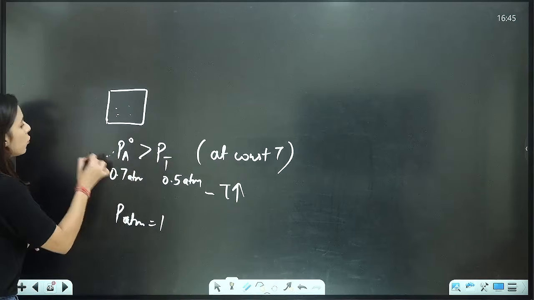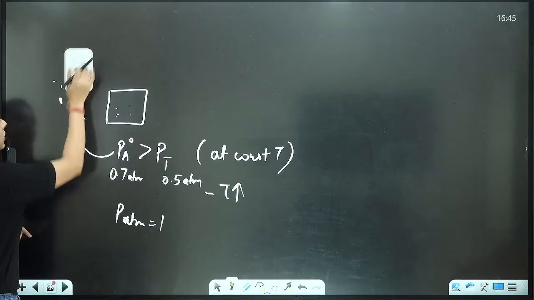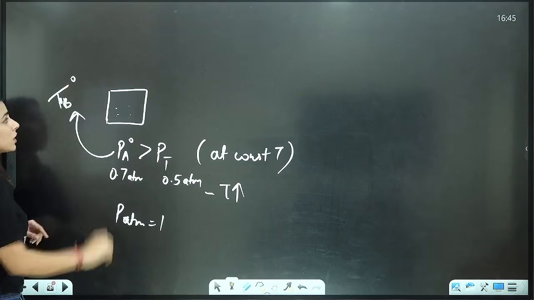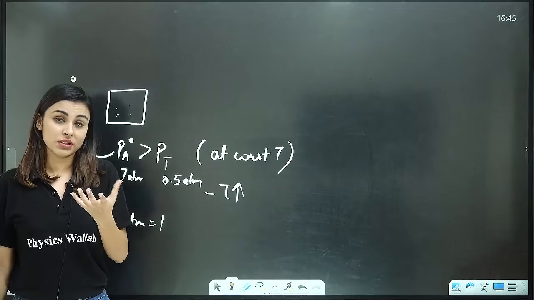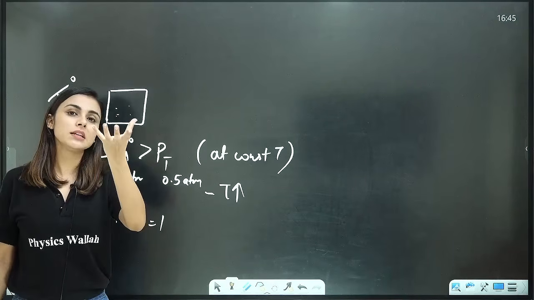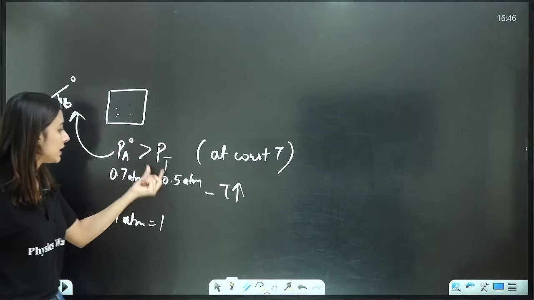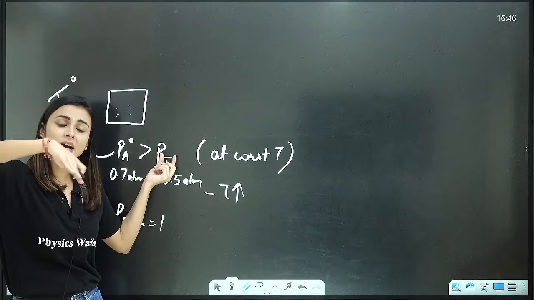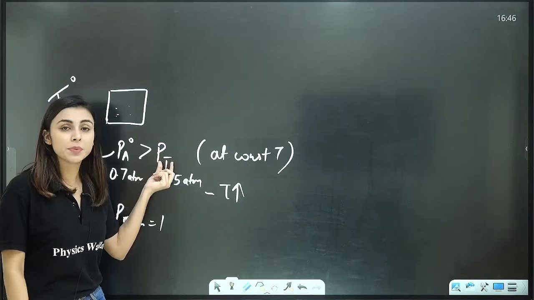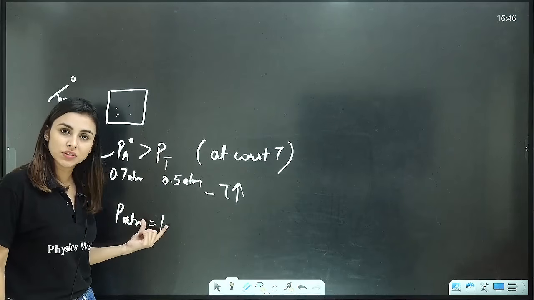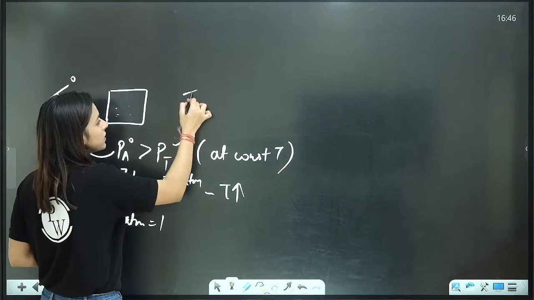Let us say the boiling point is TB naught. As you increase the temperature, TB naught will come first, and then at some higher temperature, this P total will be equal to 1 atmosphere.